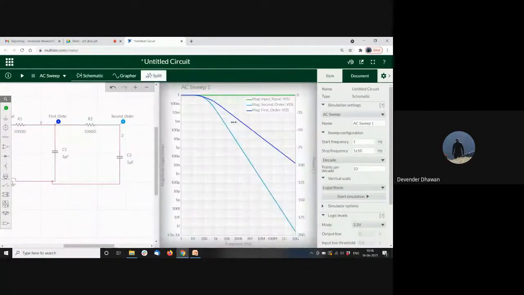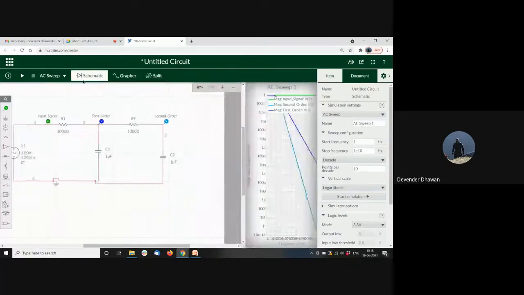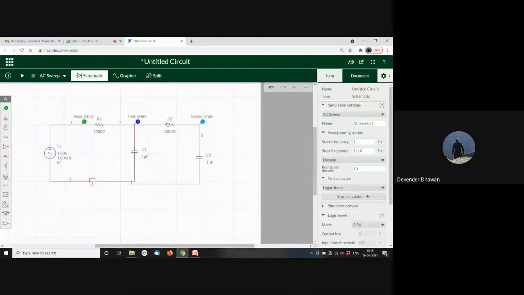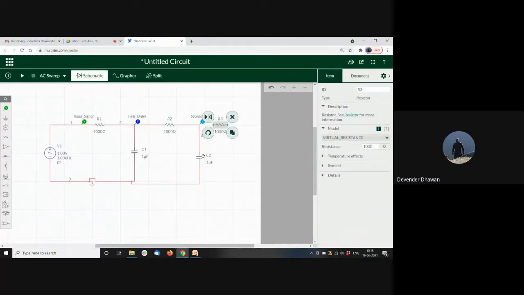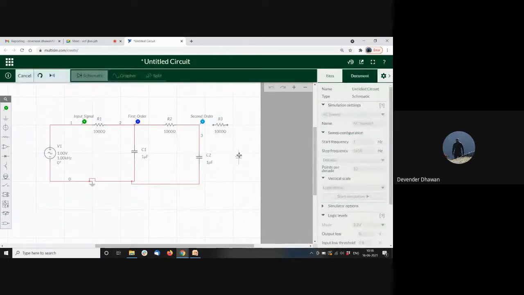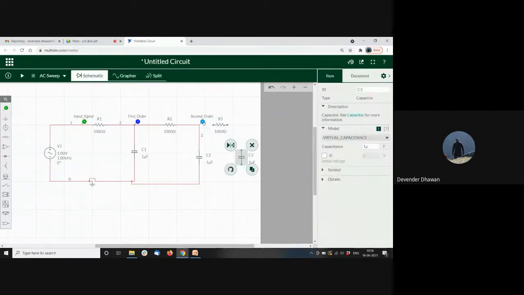Okay, so you can see the second order is a bit more steep, and if we try third order also, it will again make it steeper. Let us just have a quick look at that also.